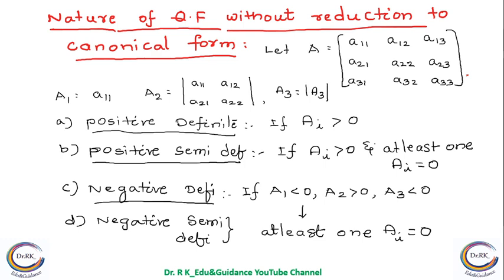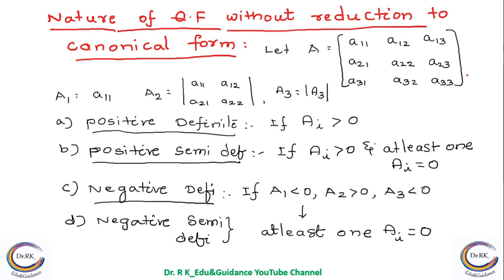To find the nature of a quadratic form, we have 3 ways. One is converting it into canonical form, then based on the canonical form rank, index and comparison, we go for the nature of the quadratic form. Second one is with the help of eigenvalues: positive eigenvalues, positive definite, etc.